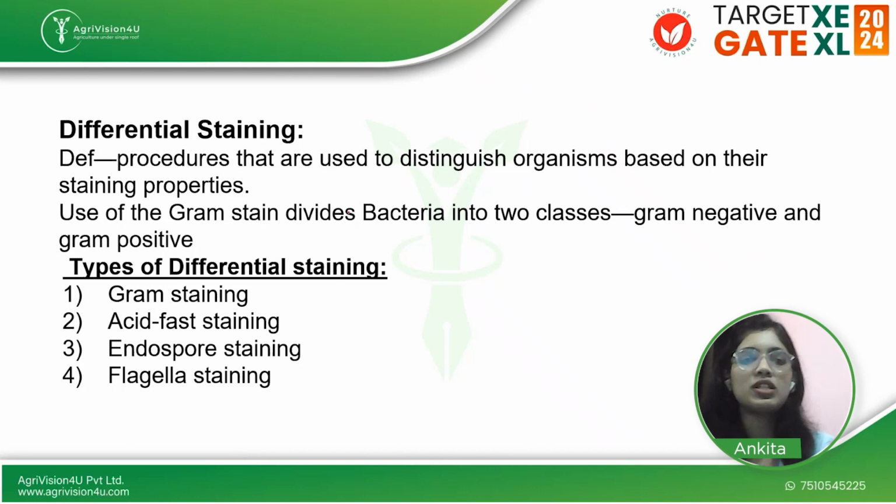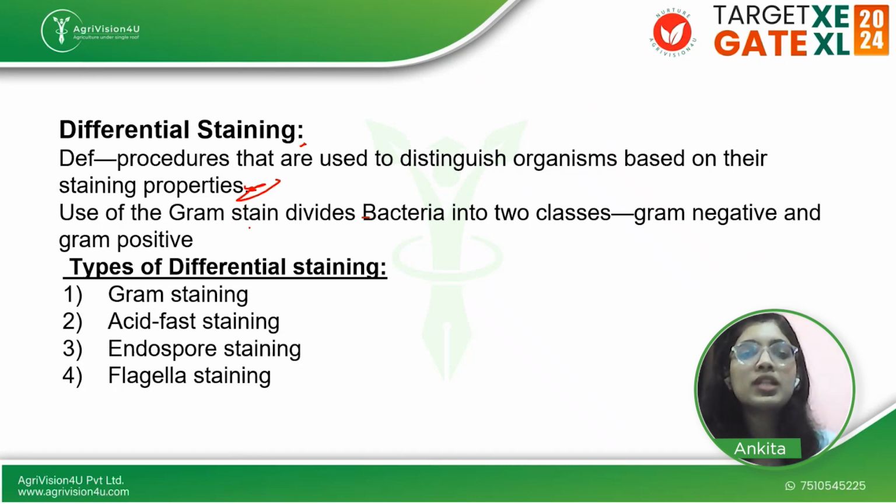Now, what is differential staining? What are the types of differential staining? And what is gram staining? This is the sequence we are going to study. Differential staining is the procedure used to distinguish organisms based on their staining properties. It allows you to differentiate between organisms by doing the staining procedure.